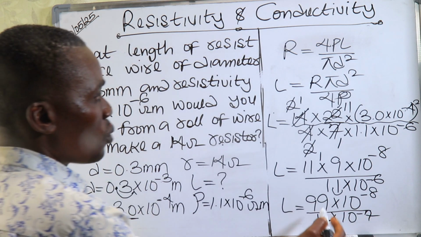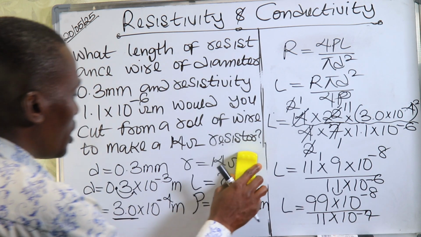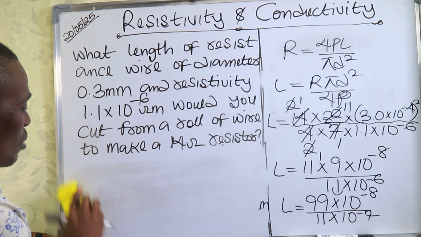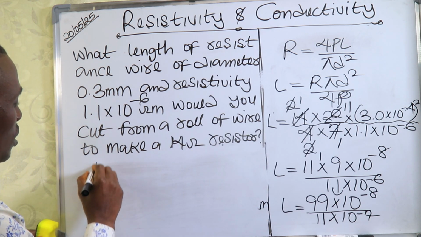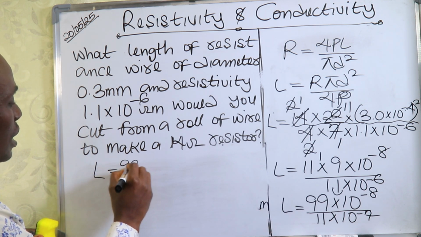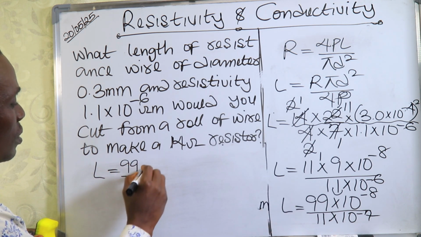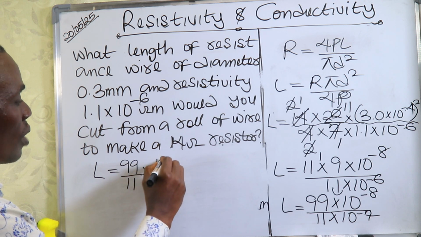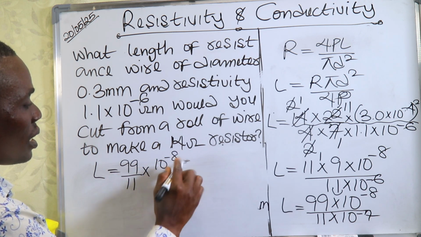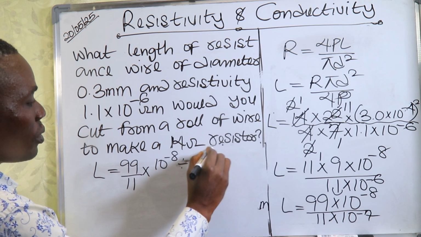If we simplify that well, that whole expression will give us our length equal to 99 divided by 11 times 10 to the power of minus 8 divided by 10 to the power of minus 7.